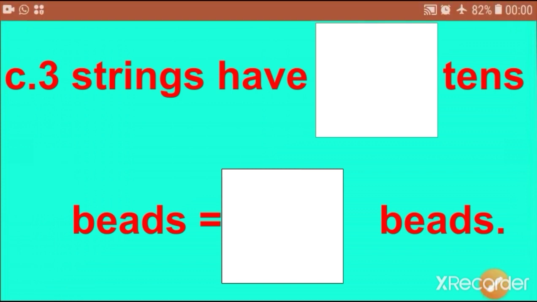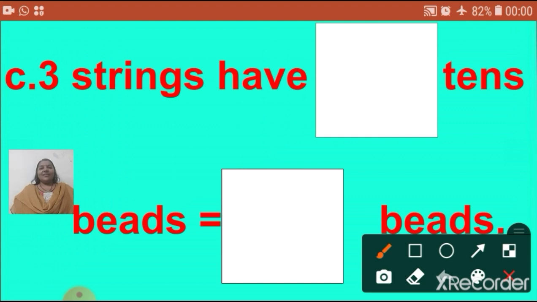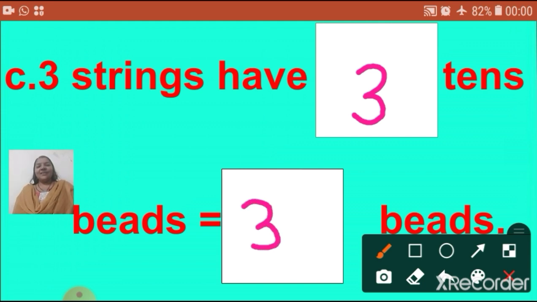Who will answer now? 3 strings means how many tens? Yes, 3 tens. And 3 tens means how many beads? Yes, so here will come 30 beads. Am I correct children? Okay.